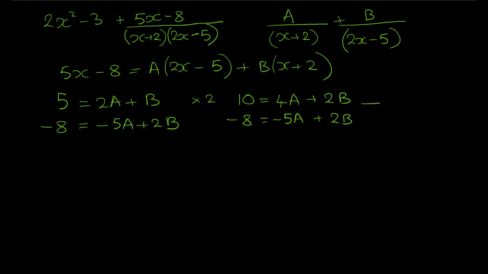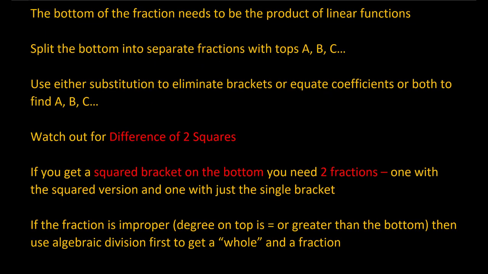Let's take those away. So 10 minus minus 8 is 18. 4 minus minus 5 is 9a. So a will equal 2. Let's substitute that in. So we've got 5 equals 2 times 2, which is 4, plus b. So b equals 1.